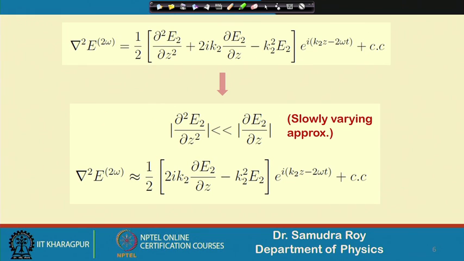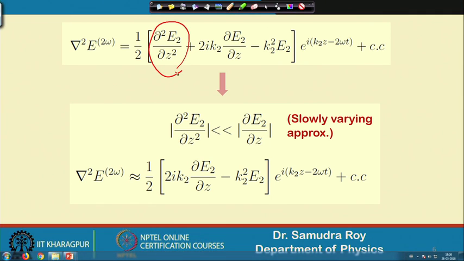Before going to the second order derivative, we put in an approximation called the slowly varying approximation. This is a very important approximation, where we assume that the second order derivative of the field varies much more slowly compared to the first.